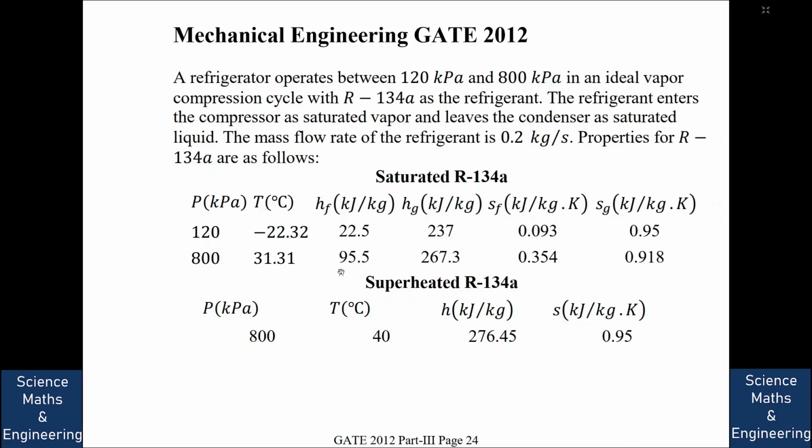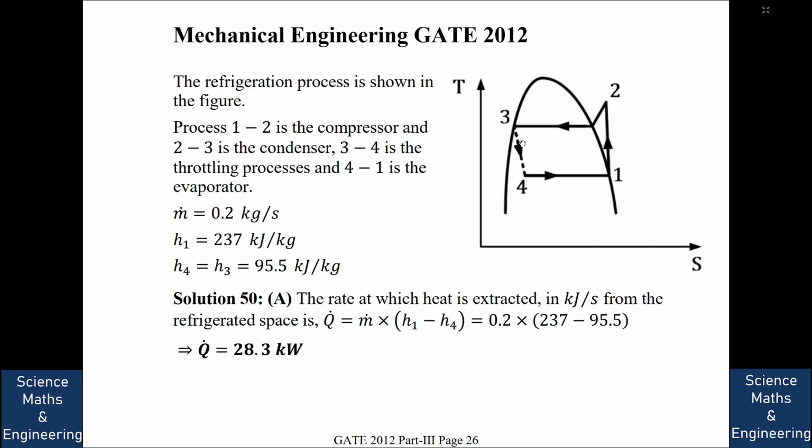So for saturated liquid, hf would be 95.5. So our H3 is 95.5 kilojoule per kg. Now 3 to 4 is a throttling process, so the enthalpy is the same, H4 equals H3, so H4 is 95.5 kilojoule per kg.